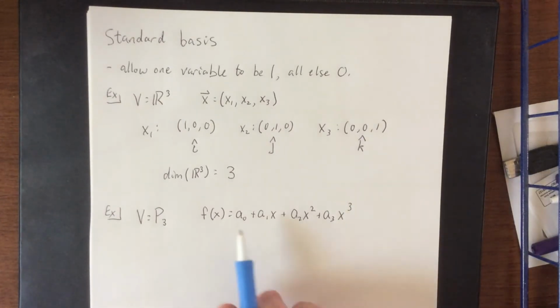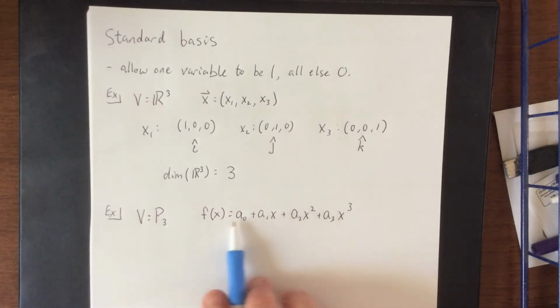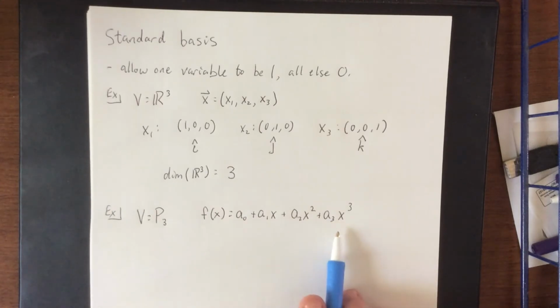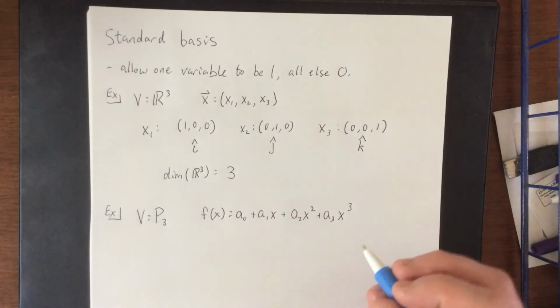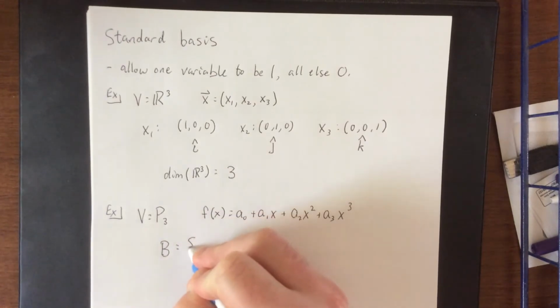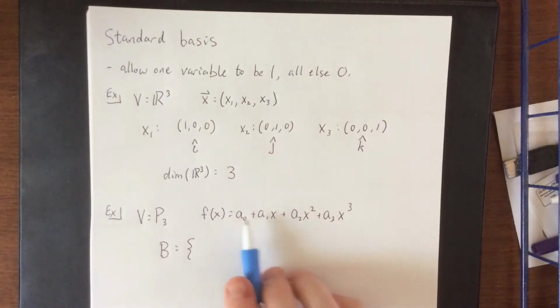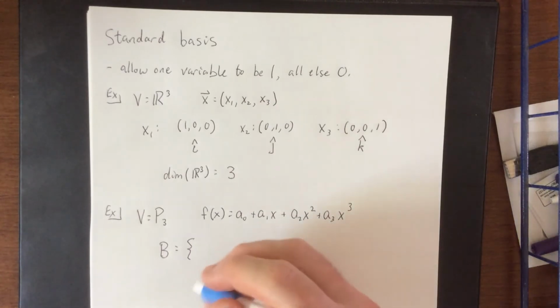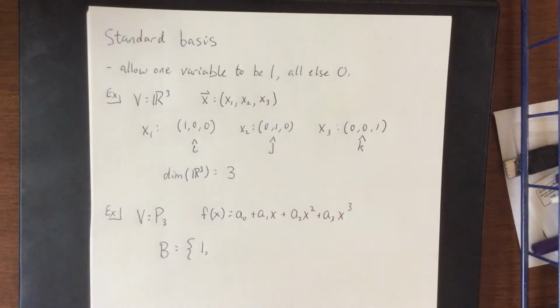So a standard basis would be taking any of these coefficients, setting one of them to be equal to 1, and then having all of the rest of them be equal to 0. If we were to do so, and I should probably do this using actual notation, I could set a0 equal to 1 and all of the others equal to 0. We would get 1 for that basis element.